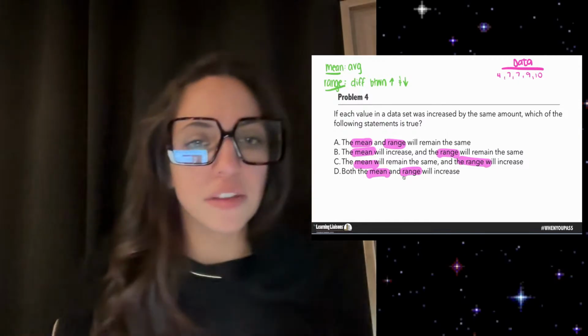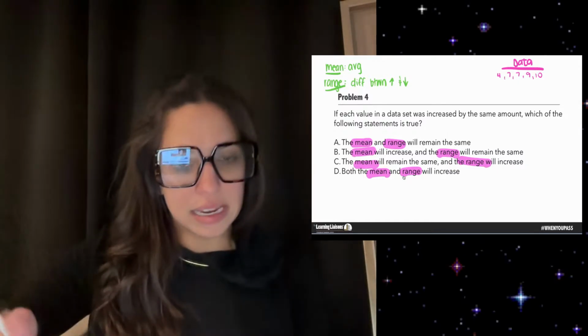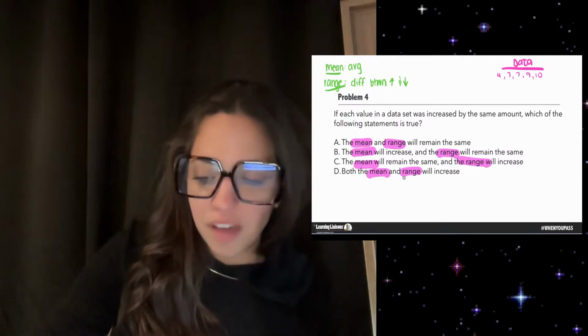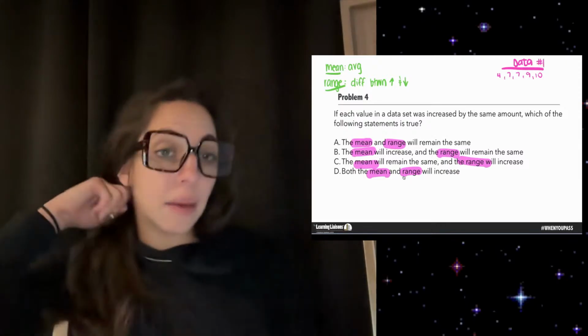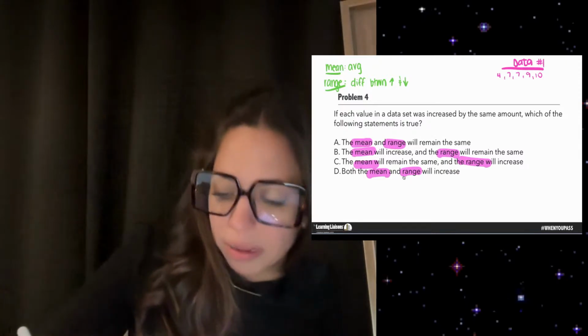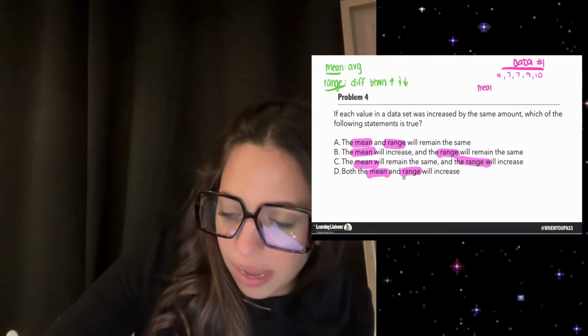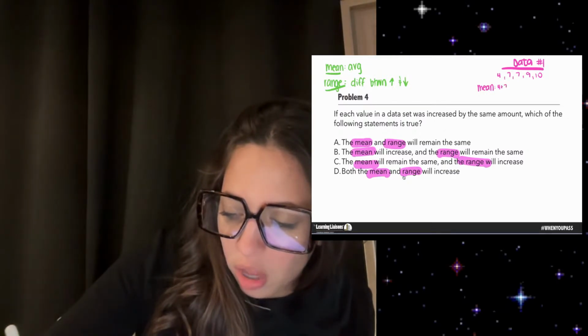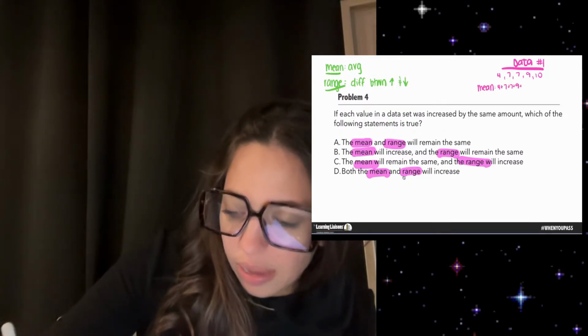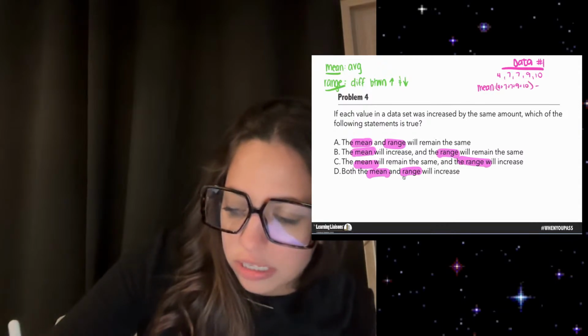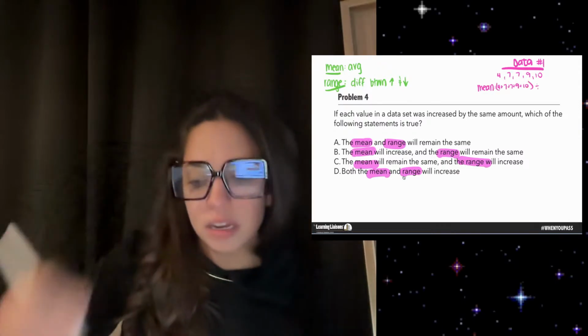So I am going to find my mean and my range for this data set, and then I'm going to find my mean and my range for my updated data set. So my mean is my average, so I'm going to add them all up and then divide by the number of data points I have, which I only have 5 data points.